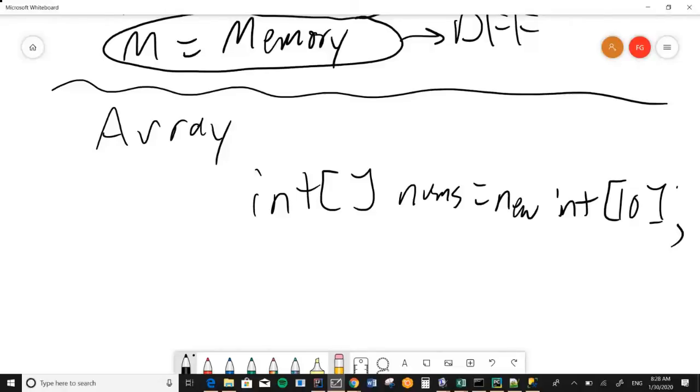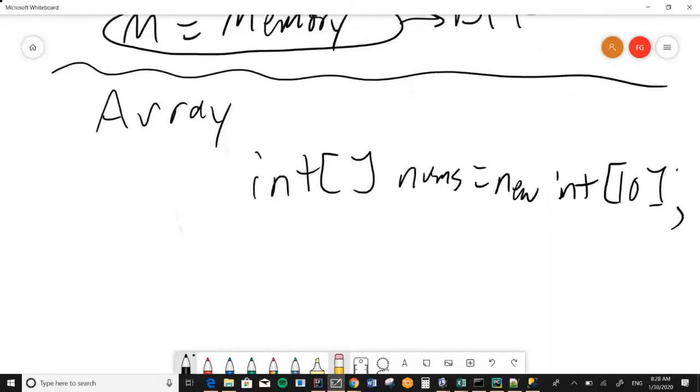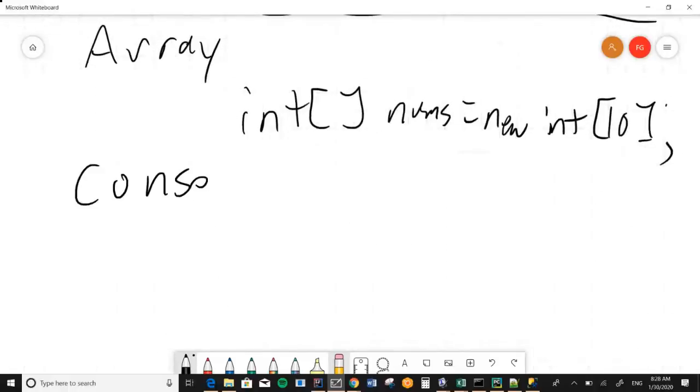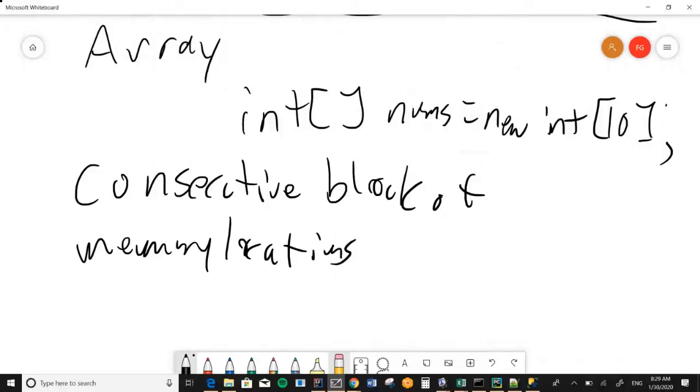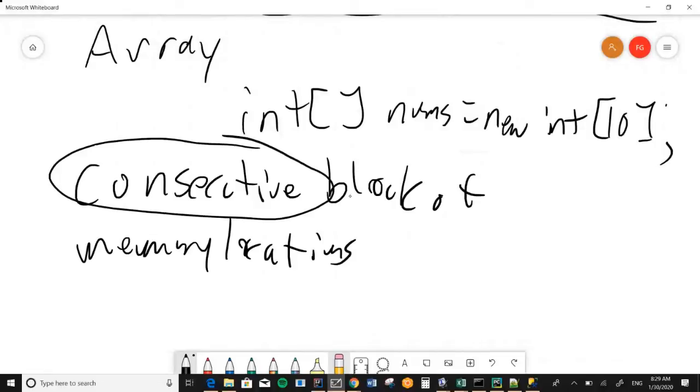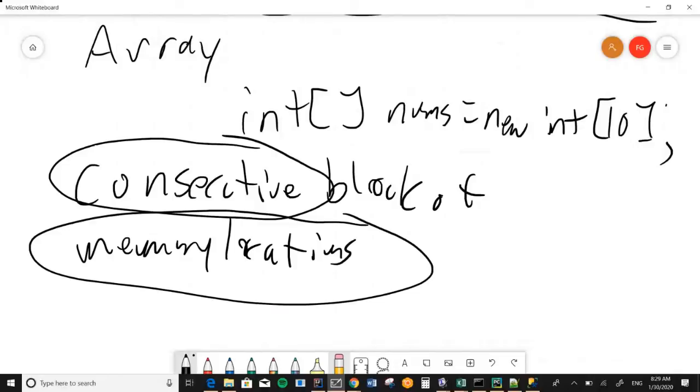But if I say this is a consecutive block of memory locations, there are some extremely loaded terms in here that we really need to unpack. The first being consecutive, and the second being memory location.